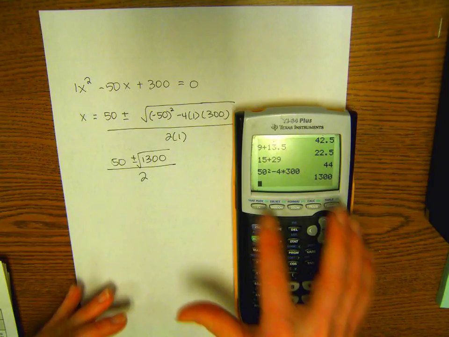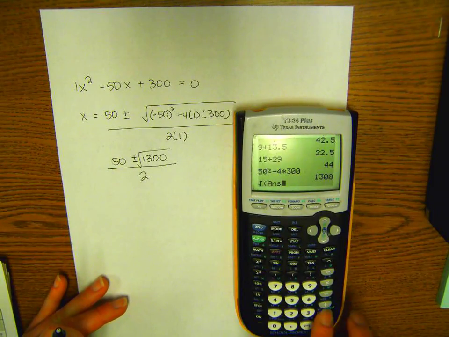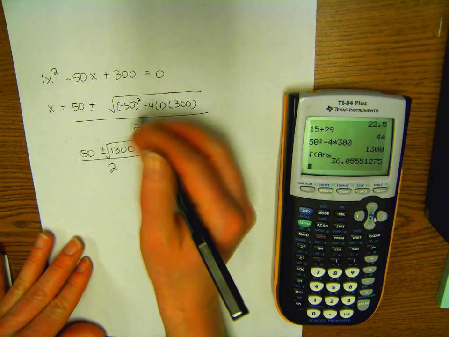So the square root of 1300, we'll call it 36.056.